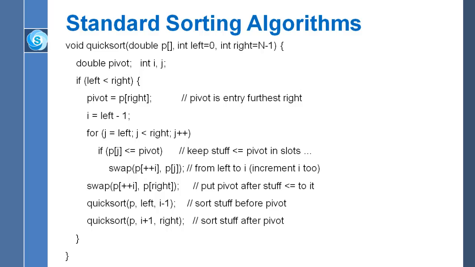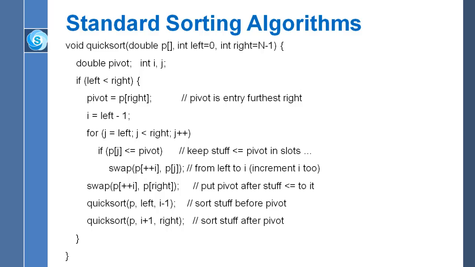The variable pivot will hold some entry from that array, as we discussed. There are also two integers to be used as indices, i and j. Similar to Mergesort, the body of this function is wrapped inside the condition if left is less than right. It's only in that case that we want to do any work at all, just like with Mergesort.